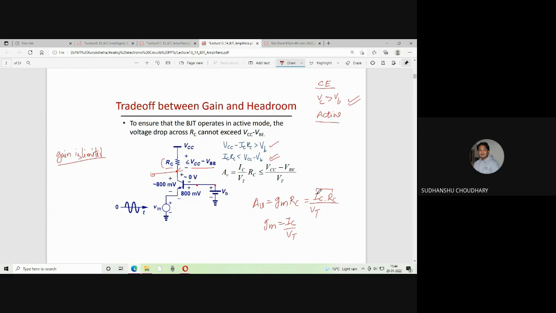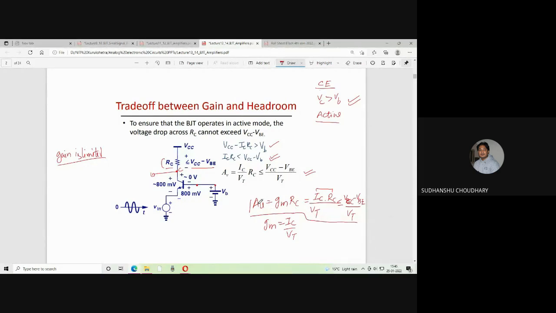So if we replace this ICRC by this, the gain is now less than or equal to VCC minus VBE by VT. So the gain cannot be larger than this number, VCC minus VBE by VT, in common base.